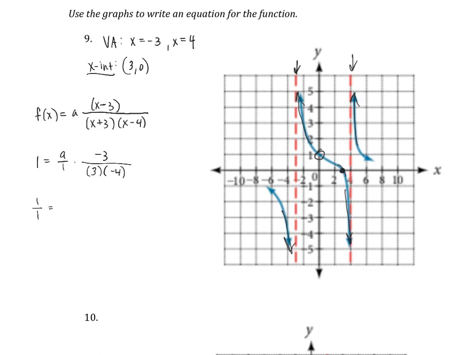So this is going to be 1 over 1, -3a over -12. Cross multiply. So now we have -12 is equal to -3a, divide by -3, and we get a equals -4.